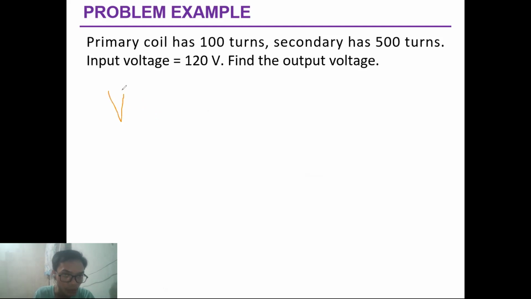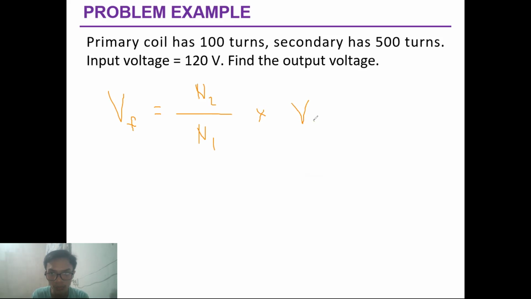This is the output voltage, so let's say this is the final voltage, V sub F. Let's write the formula first: the secondary number of turns N sub 2 over N sub 1, multiplied by the input voltage.